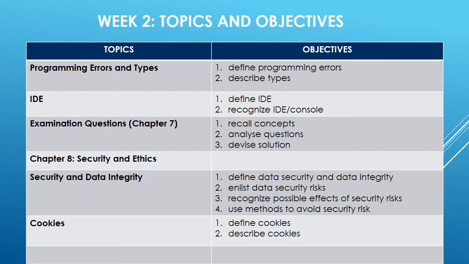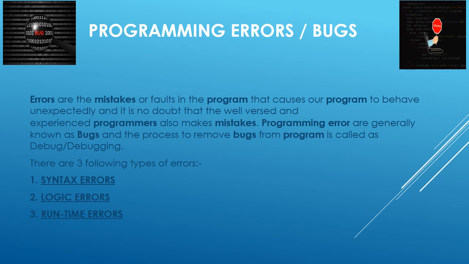So let's start our lesson with the topic programming errors and types. Programming errors. Errors are basically mistakes or faults in the program that cause our program to behave unexpectedly. Here, unexpectedly means that the program sometimes gives the wrong output or sometimes it hangs.